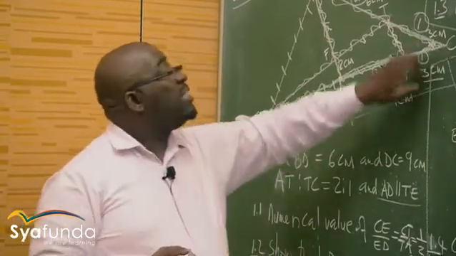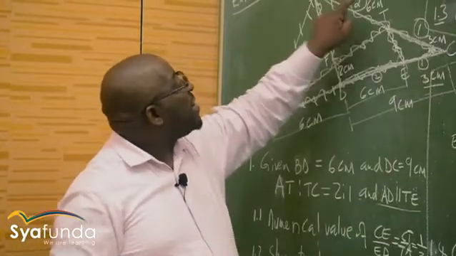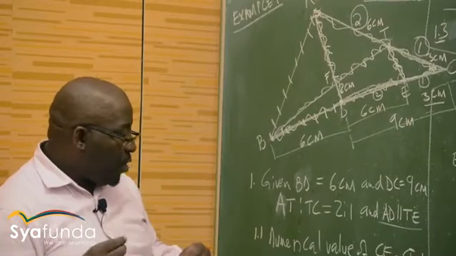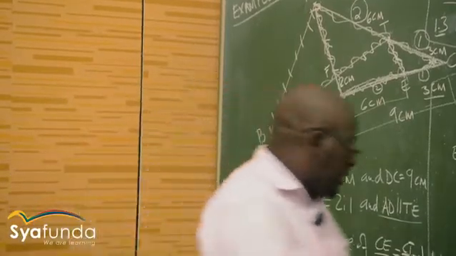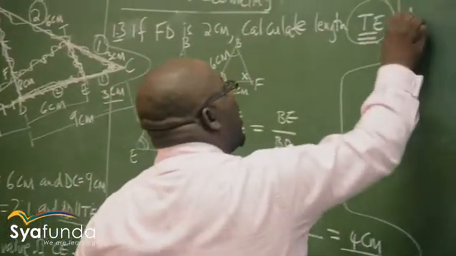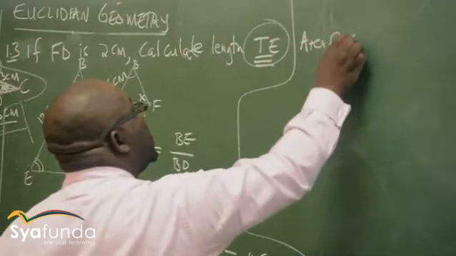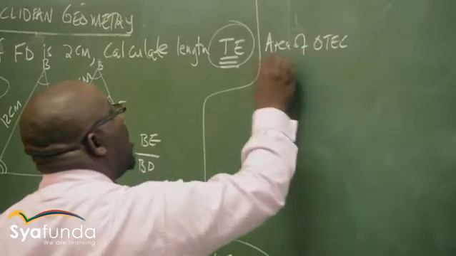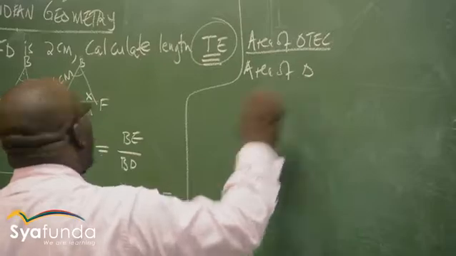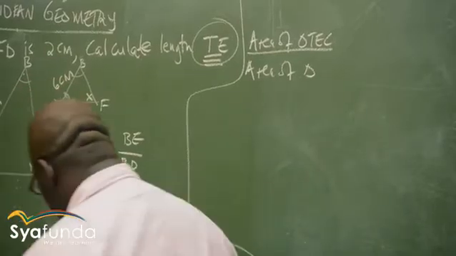Right, let's go with centimeters. We're looking for the area of triangle TEC over the area of triangle ABC.